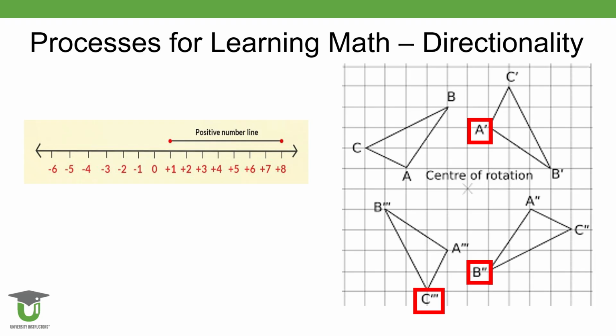As students progress through math, they later learn to identify directionality with a prime symbol, the apostrophe next to the A, and with subsequent prime symbols as shown with the red box around B and C that denote the direction of movement as seen in the image of the triangle rotation on the right.